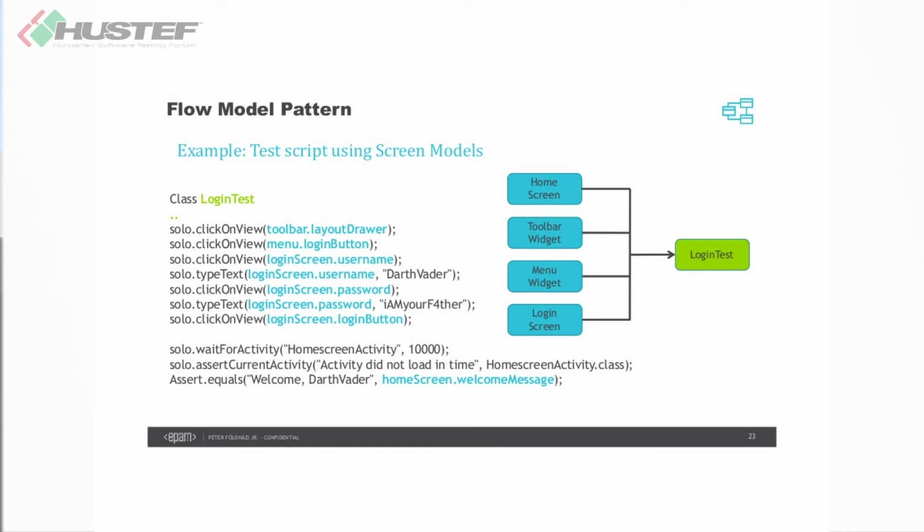Let's see how the test itself will look using only the screen models. So you have these screen models or screen functions here, let's say that, or screen elements. So you already know where you are. You also know what you are doing here because you can really click on view and type text.